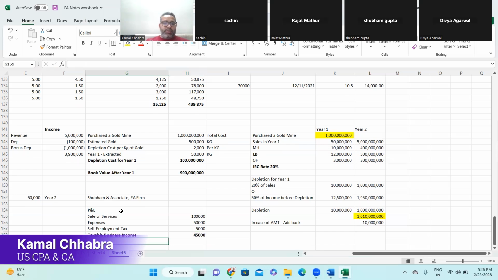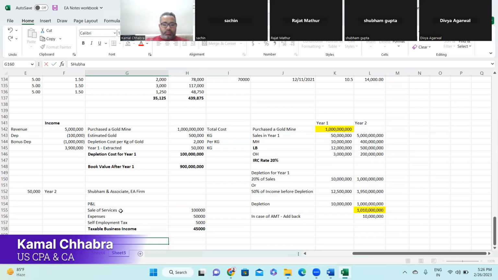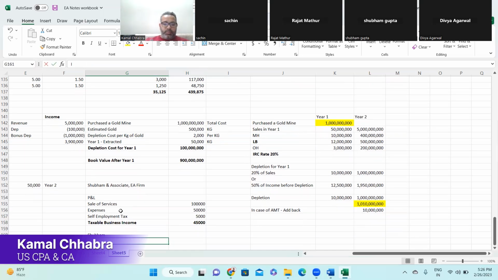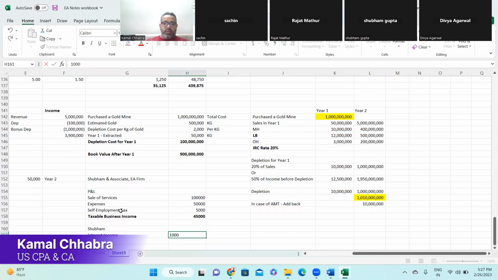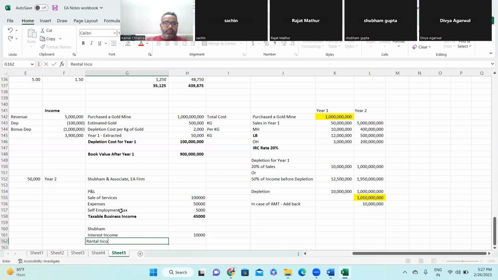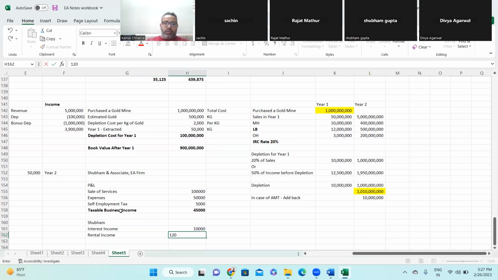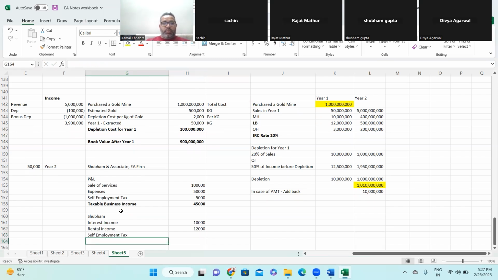And other than business, Shubham has, let's assume, interest income of, let's say, $10,000, and Shubham has a rental income of, let's say, $12,000. And now he has also paid self-employment tax of, let's say, $5,000. Now you need to calculate the total taxable income of Shubham.